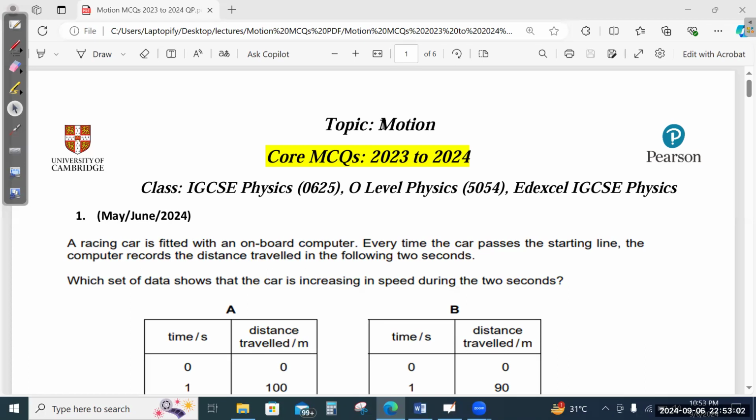Then you will easily get the whole playlist of motion. These MCQs are taken from May, June, March, and October, November examinations 2023 to 2024.